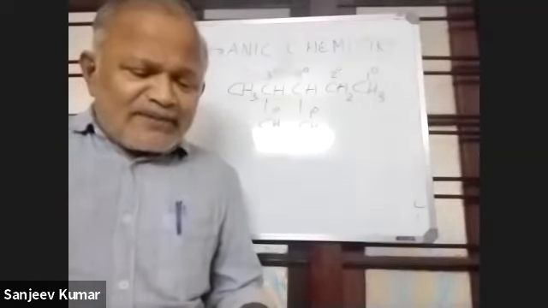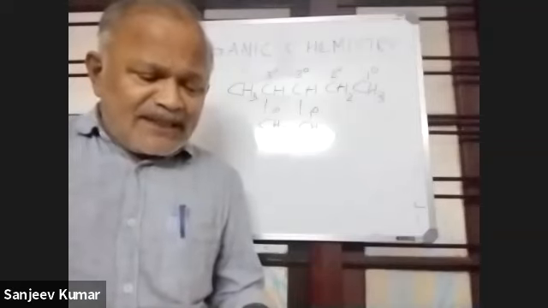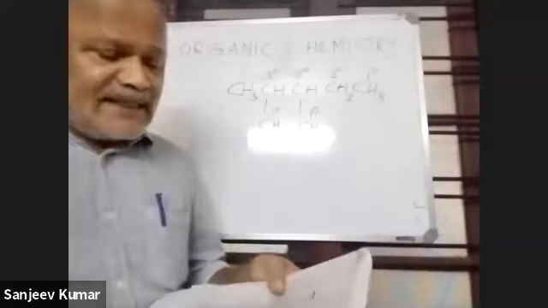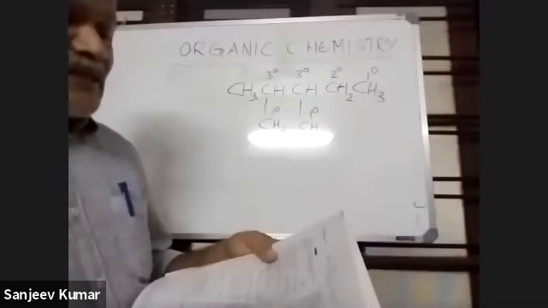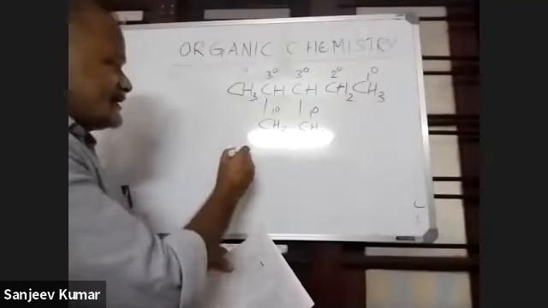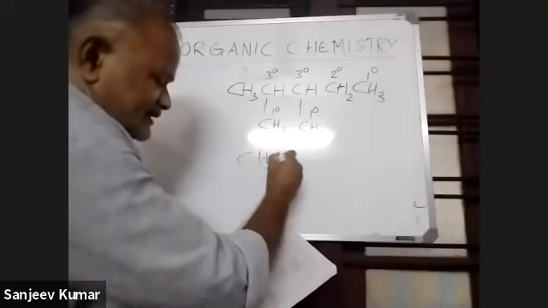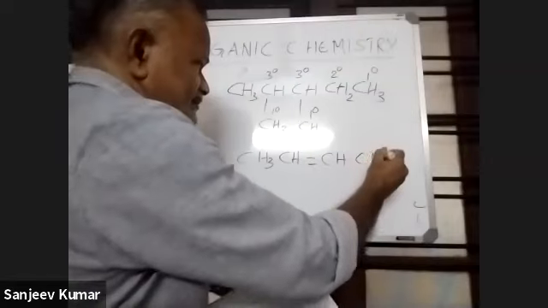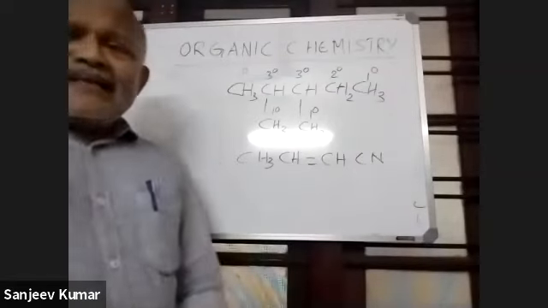The next question: the state of hybridization of the 4 carbon atoms from left to right in the molecule CH3-CH=CH-CN.